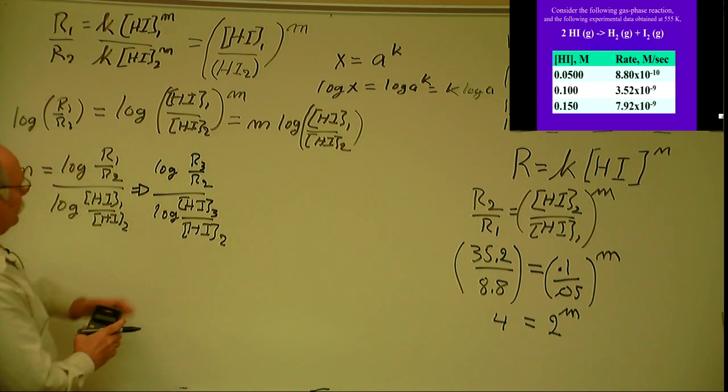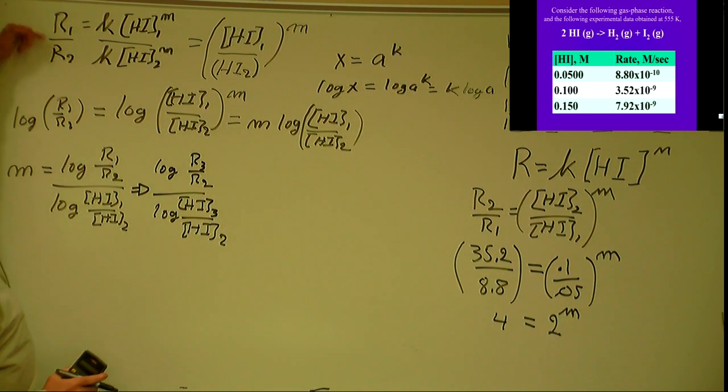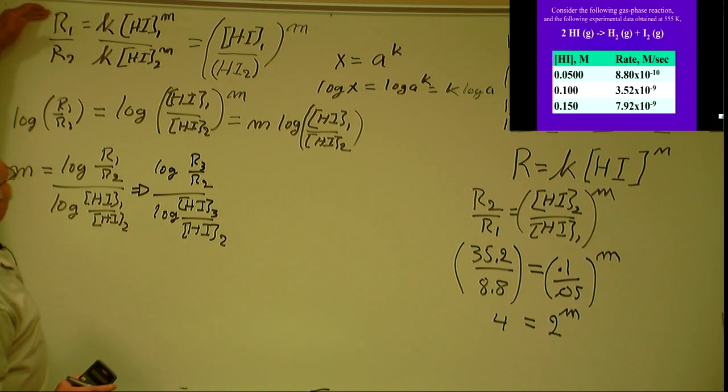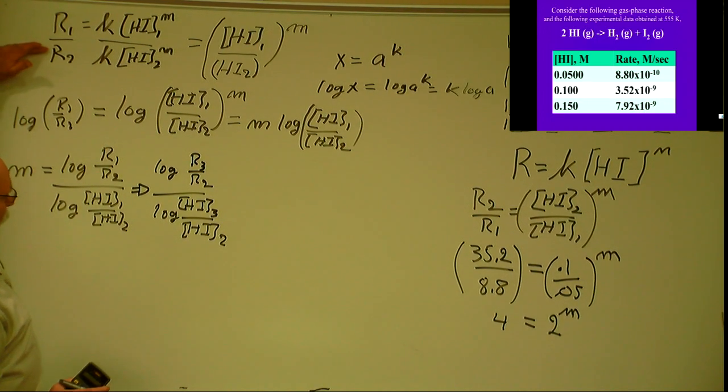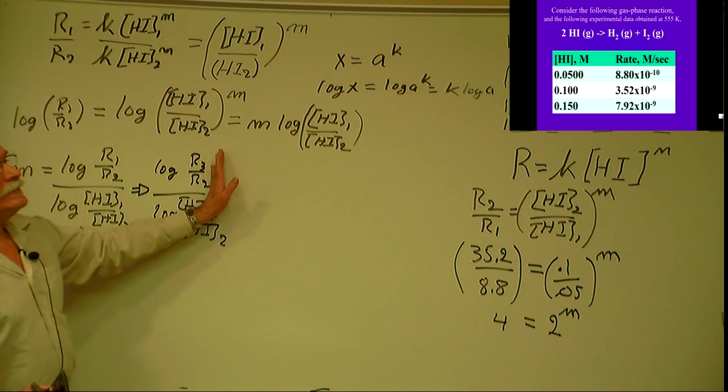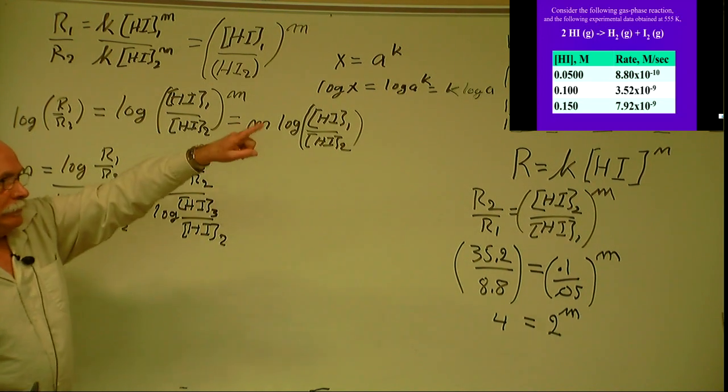Now, what I'm trying to say here is it doesn't matter what states I use as long as I consistently have this state and this state. So I'm using the data from state 3 and state 2 as up there.